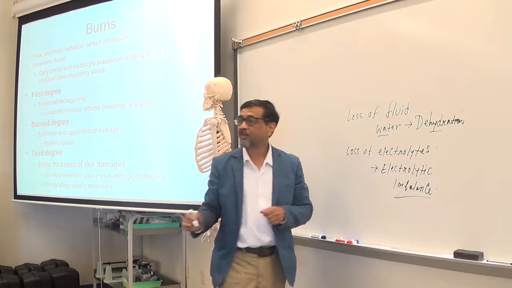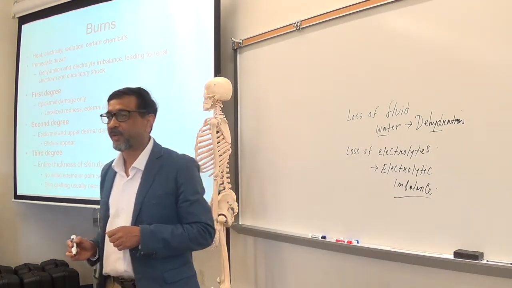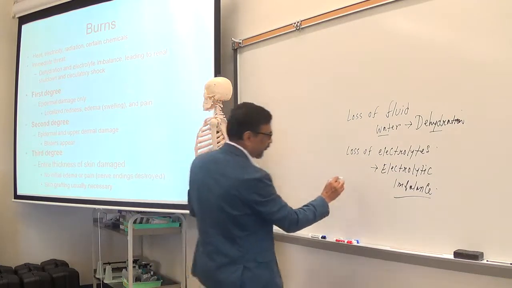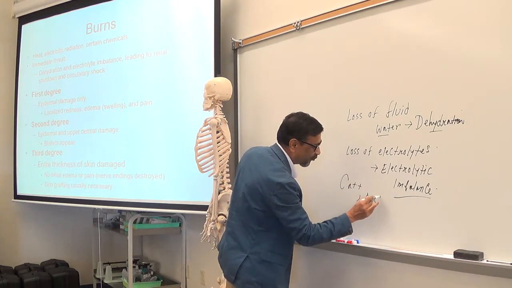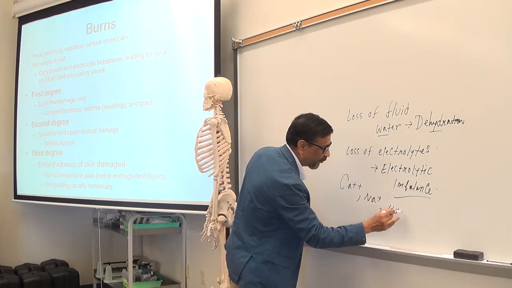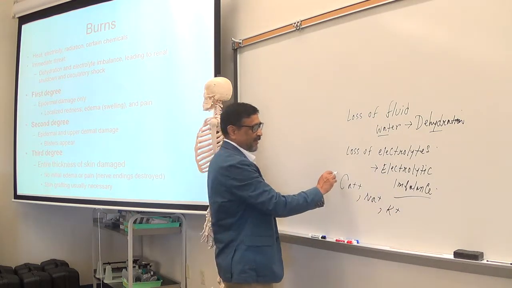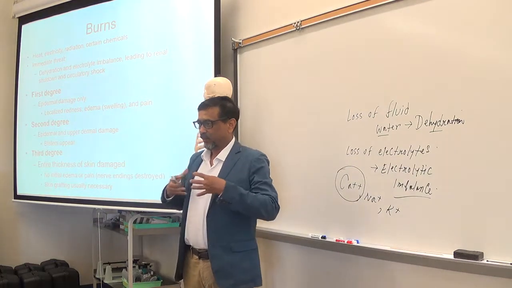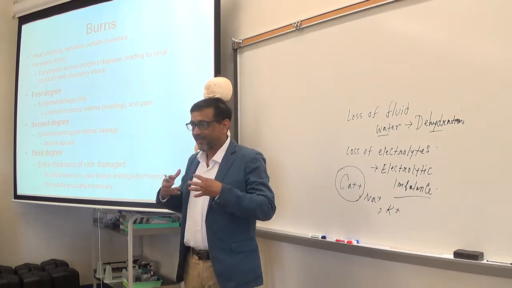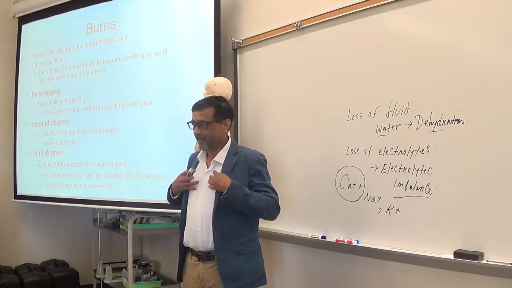Some electrolytes are very important for your body. For example, calcium, sodium, potassium. Okay? Calcium is very important for muscle contraction, right? And you use the muscles for breathing, you know that, right? Respiratory muscles of the chest.